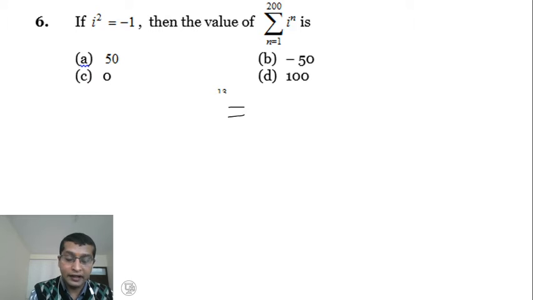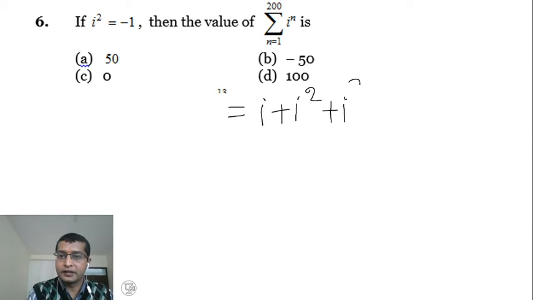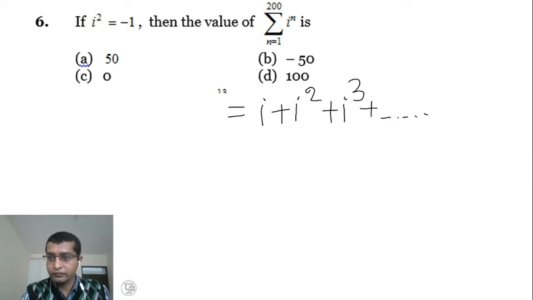Taking n equal to 1 we get i raised to 1. Next we take n equal to 2, we get i square. So next number, we get 3, like that, and so on. So the last term we are going to get is i raised to 200, like this.